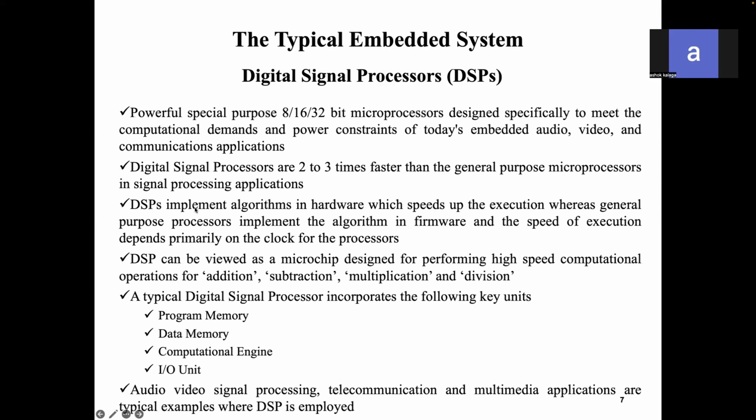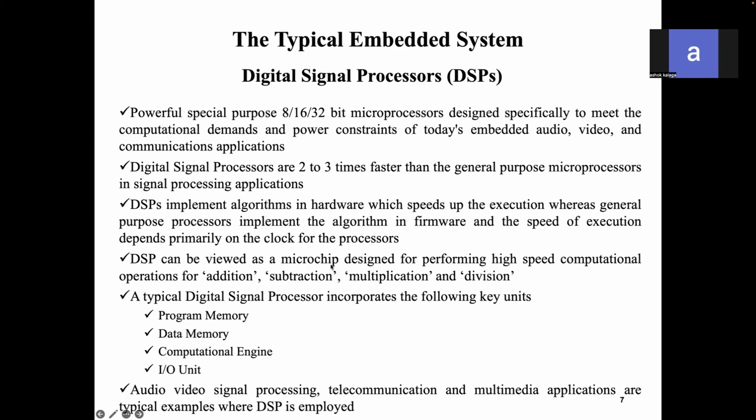The digital signal processors implement algorithms in hardware which speeds up the execution, whereas the general purpose processors implement the algorithm in firmware, and the speed of execution depends primarily on the clock. So that is the main difference here. The execution speed will be faster in the DSP when compared with the general purpose processor.